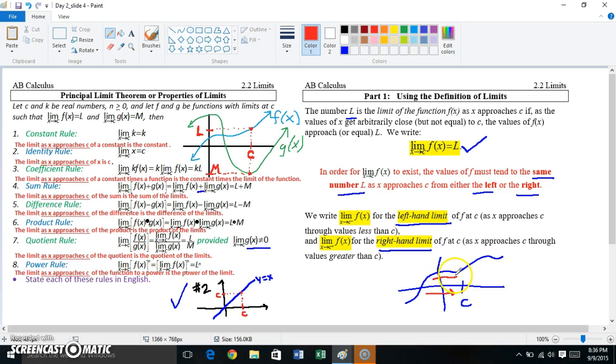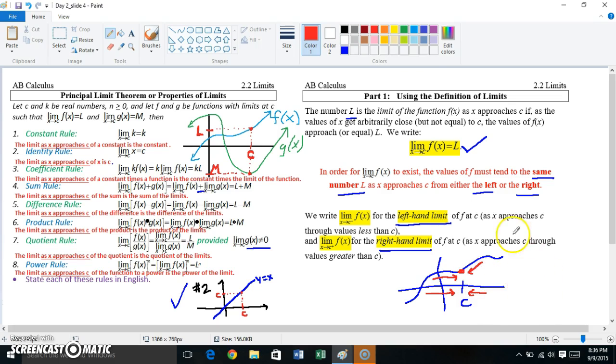Well, our y value is getting close to this y value. And as we approach from the right, our graph is doing the same thing. It's getting close to this same y value, whatever it is.